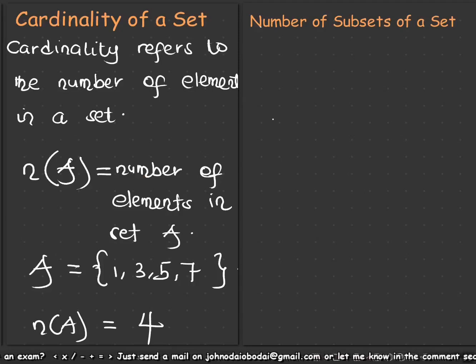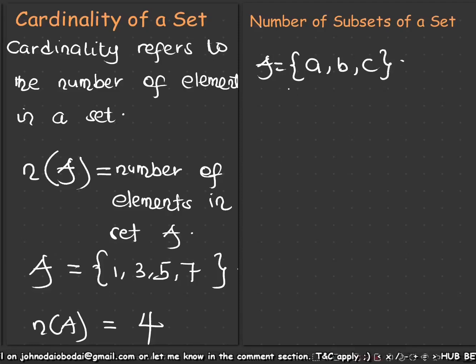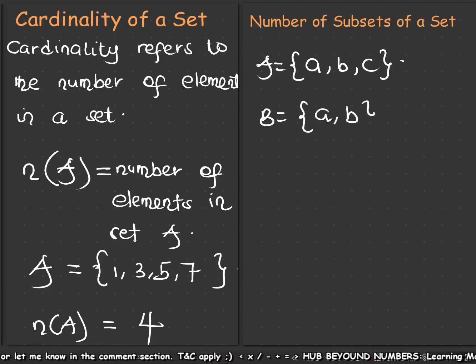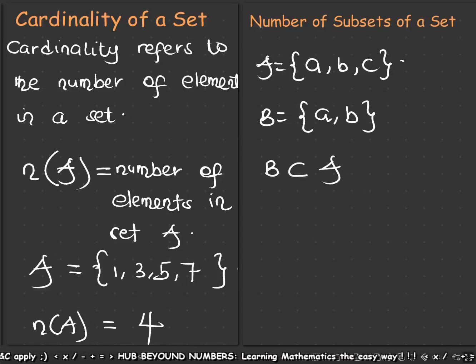If we have set A with elements A, B, and C, and we have another set B with elements A, B, then set B is a subset of set A.